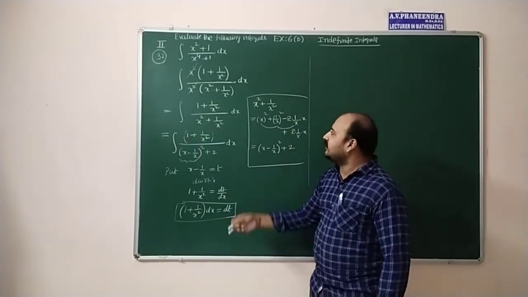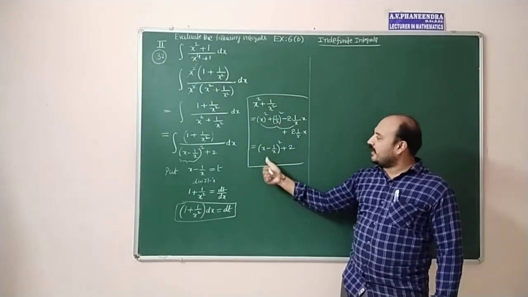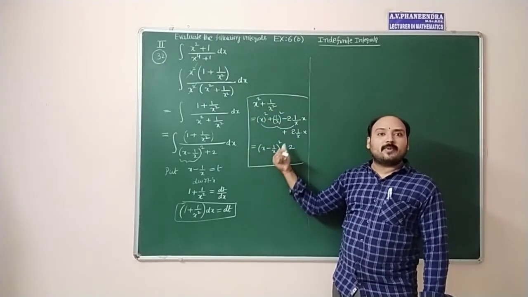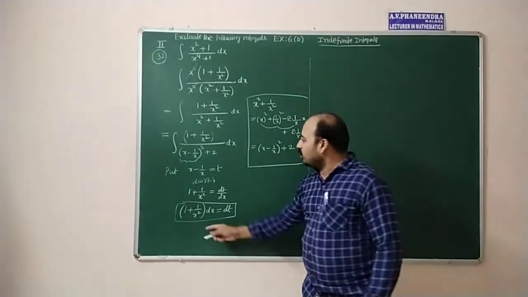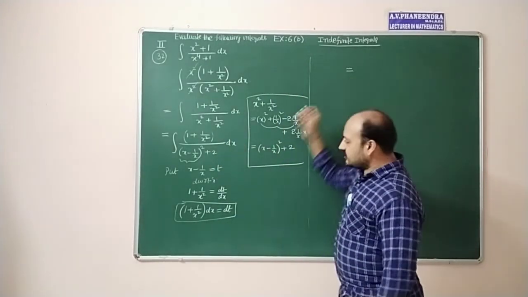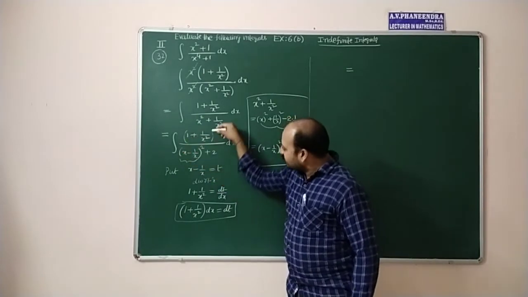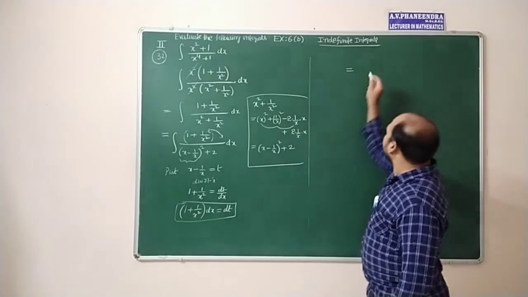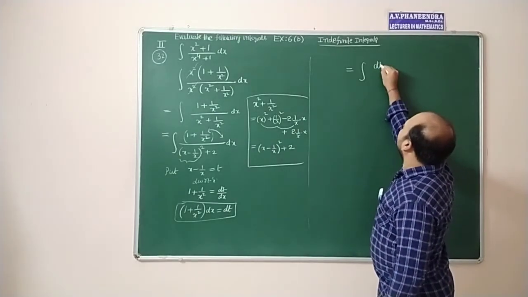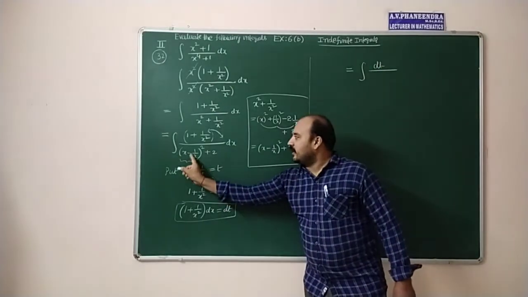That is the reason we write x² + 1/x² in terms of (x − 1/x)² + 2. Now the given integral becomes, in place of (1 + 1/x²) dx, dt, whole divided by t² + 2.